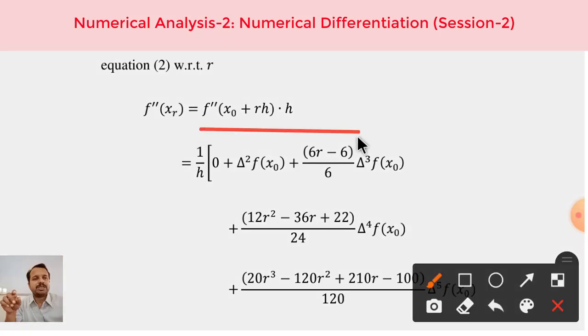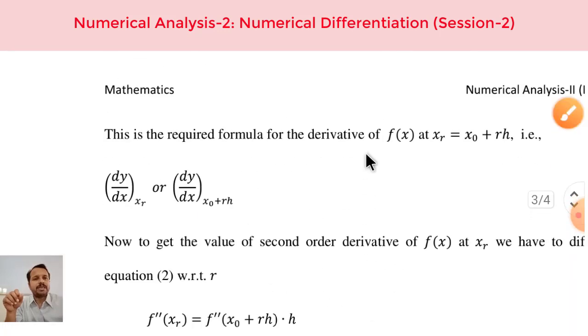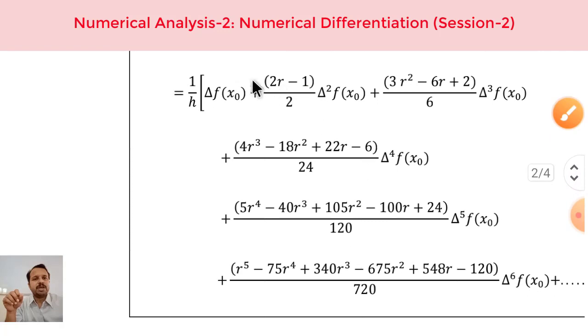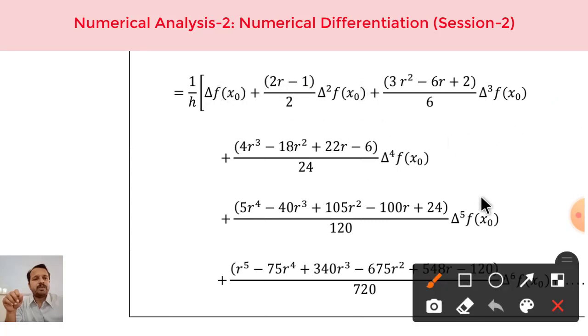So this is the LHS, and on the RHS, 1 by h is already there in the earlier expression, so that is kept as it is, and then we are differentiating the quantities within the bracket. If you look at this particular expression, this is a constant, its derivative is 0, and again we have to keep the constant terms. This is a constant, this is a constant, keep as it is.